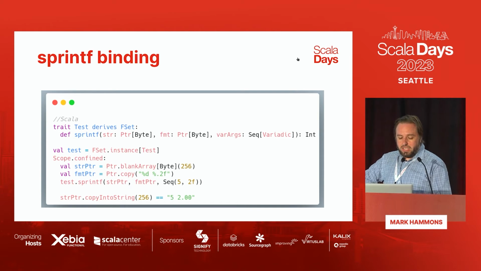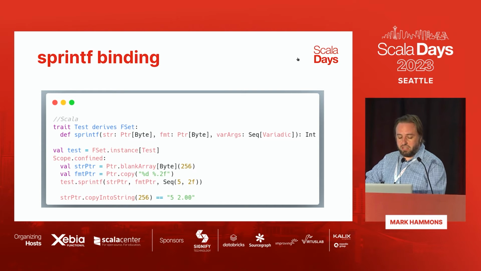Once we've instantiated our test type, we can create a scope, create a blank array of like 256 bytes so that we have a potentially very large string. Create a formatted string where the first thing is going to be an integer format, and the second is going to be a float with a precision of 2 decimal points.